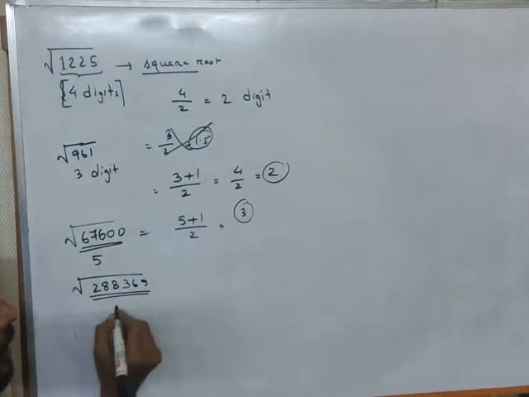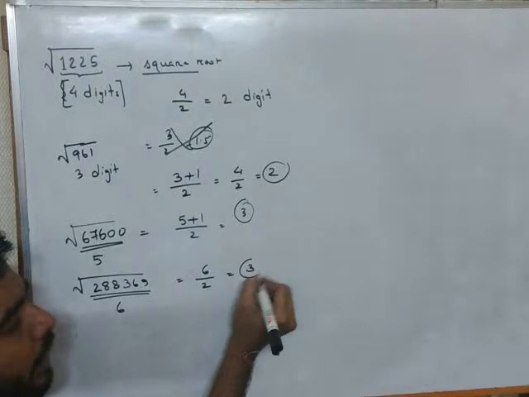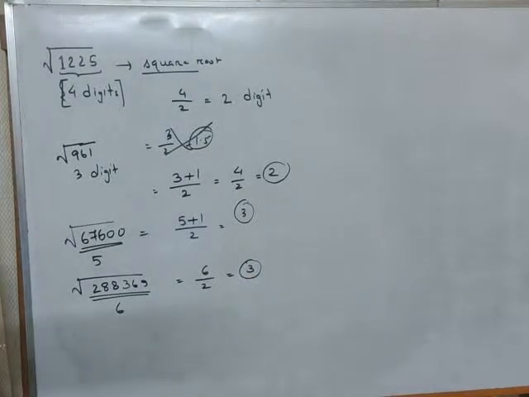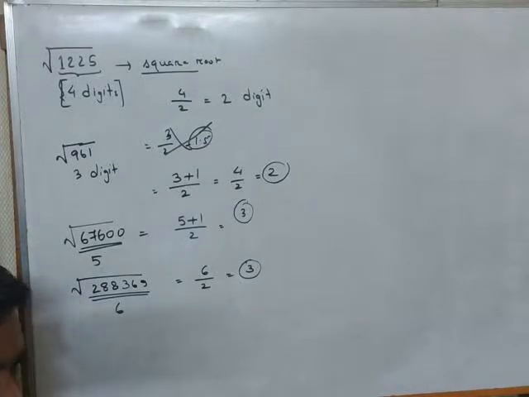How many digits are there? 6. So the root will have 3 digits. Clear? So you have to count the number of digits. Divide it by 2 if it is even. If it is odd, you have to add 1 to that and divide it by 2. Clear everyone?